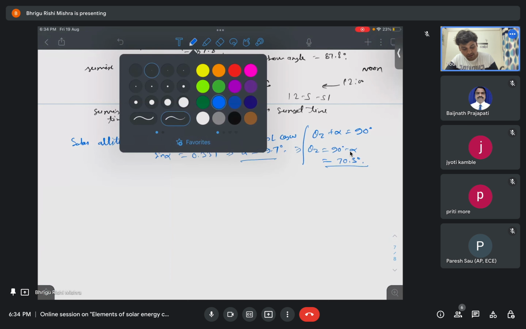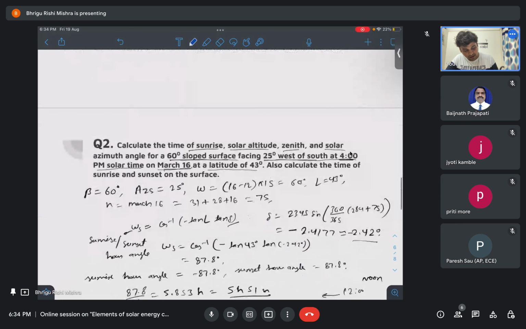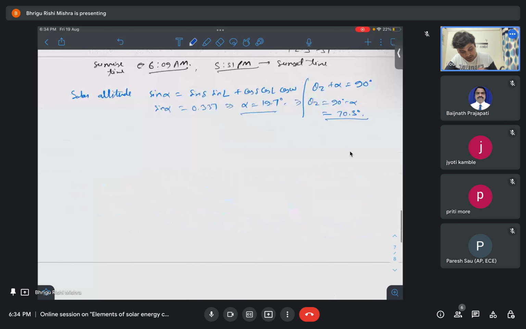Now the next in line is the solar azimuth angle. The solar azimuth angle gamma s: the formula is sine of omega, because we consider the same sign convention for both omega and gamma.